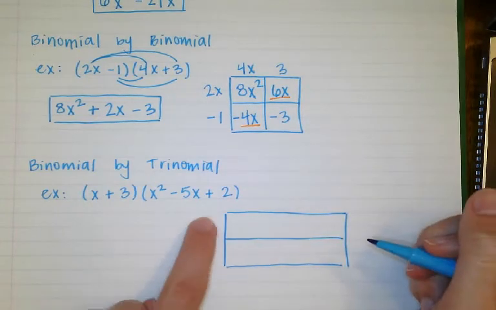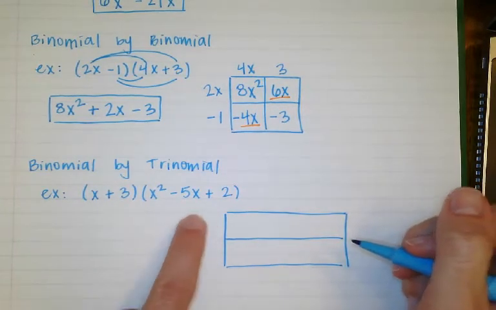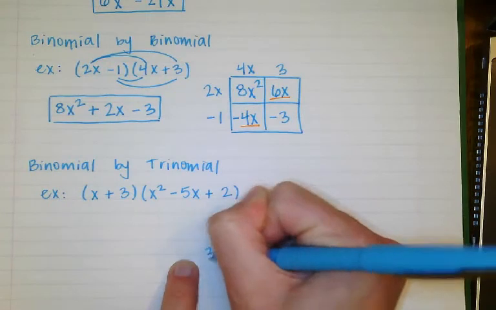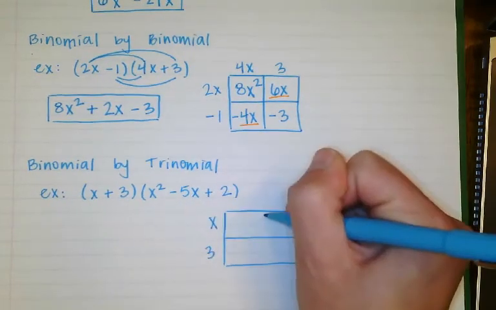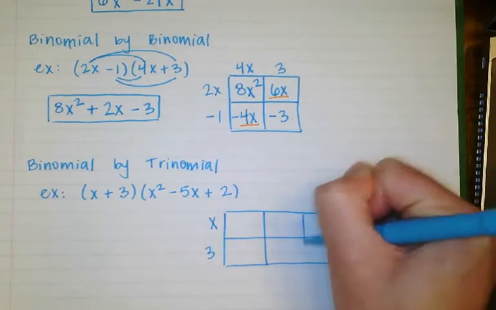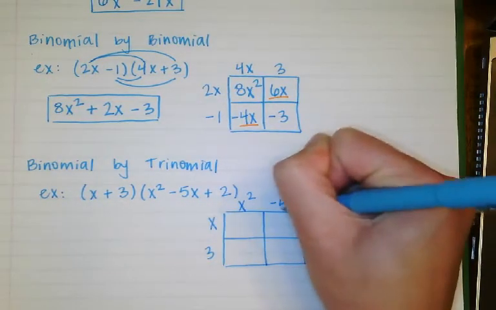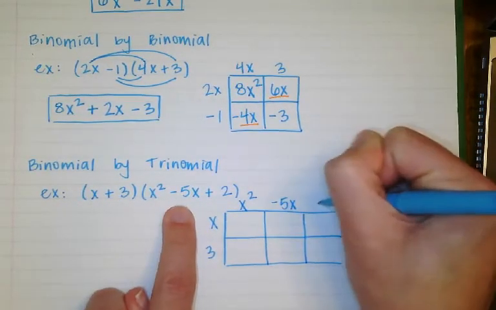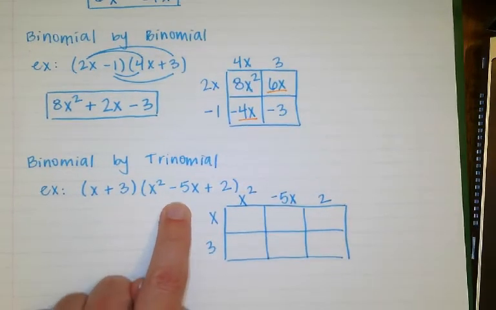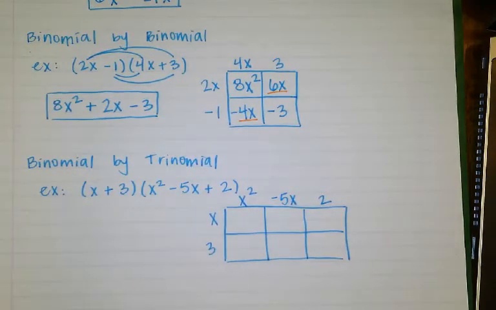So I'm going to just keep 2 rows here for my x and 3, but since I have a trinomial, I'm going to go ahead and divide this into 3 sections. X squared, negative 5x, positive 2, and same thing, we're going to multiply to fill the box.